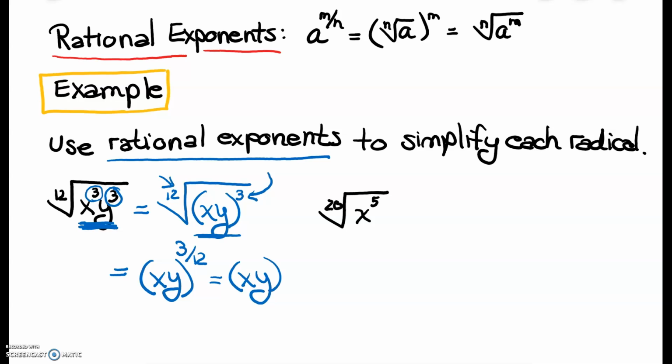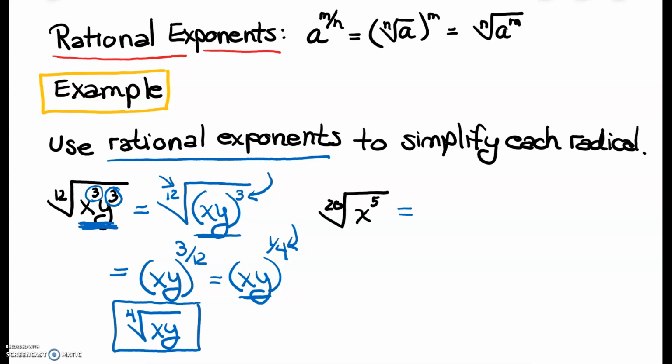When I simplify that fraction, I get 1/4. So when I go ahead and convert back to radical form, my base is xy. That goes inside my parentheses. My index is 4, and my power is 1. When your power is 1, you don't need to write it. So this is my final answer.